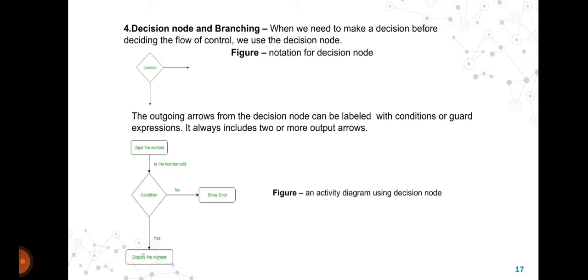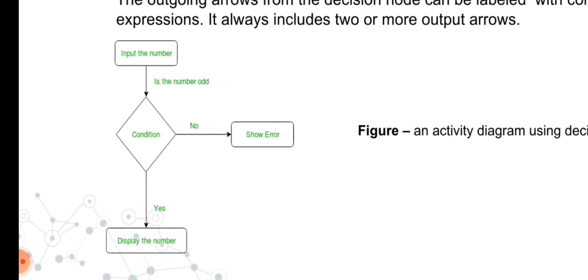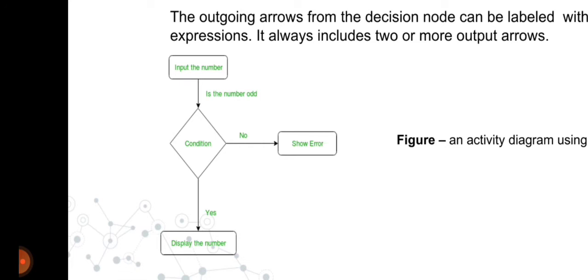Here we can see one example of an activity diagram using a decision node. This has two outputs, one is yes and one is no. That is, if the condition is true, it will go to the yes section, and if the condition is false, it will go to the no state.